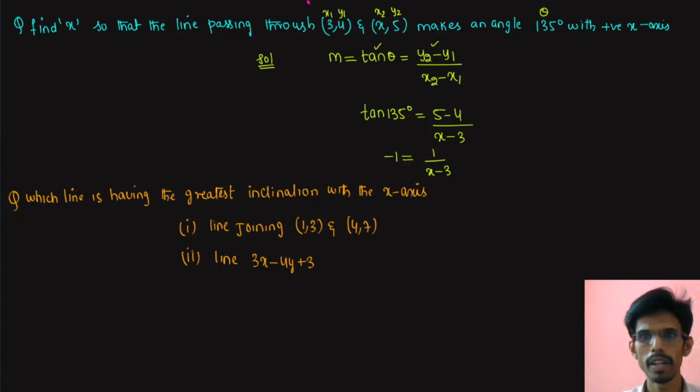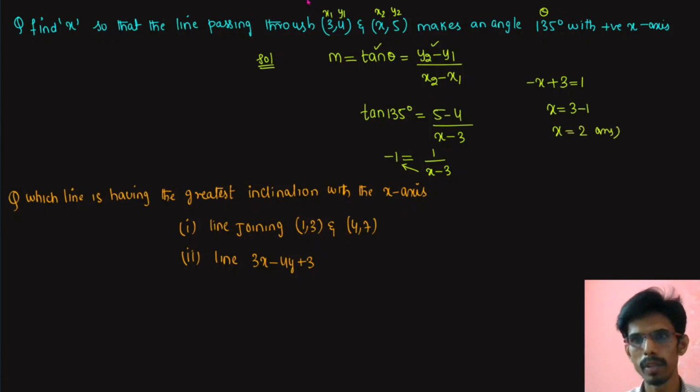Now cross multiply, I'll get minus x plus 3 is equal to 1. So the value of x will be 3 minus 1, that will be 2. Therefore the value of x will be 2.